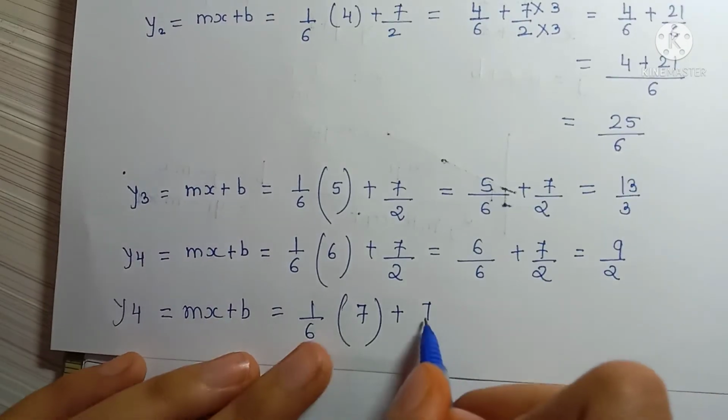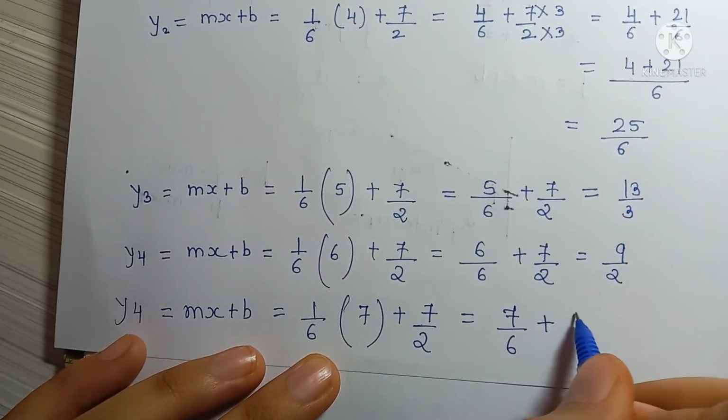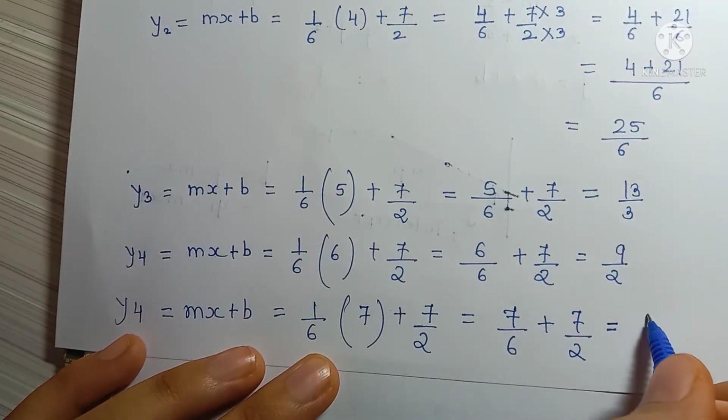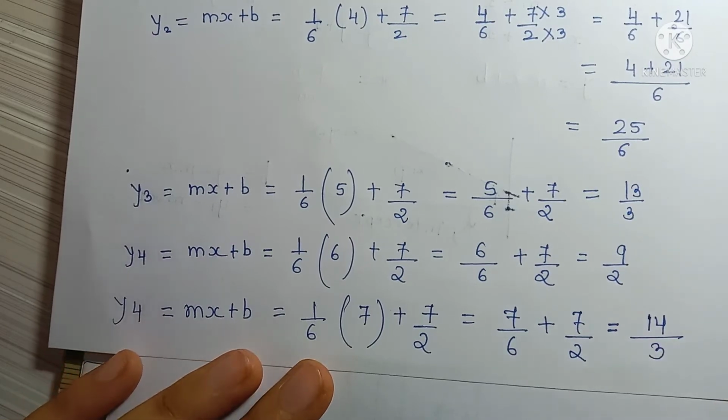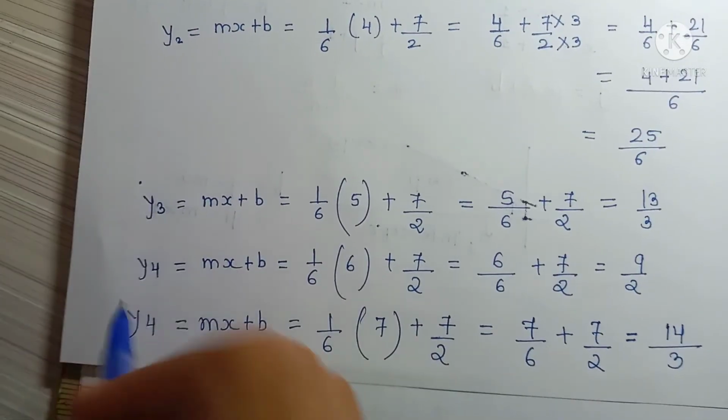Sorry guys, 7 upon 2, which is equal to 7 upon 6 plus 7 upon 2, which is equal to 14 upon 3. You can make the denominator the same and perform the calculation. So this is y3, sorry, this is y5.